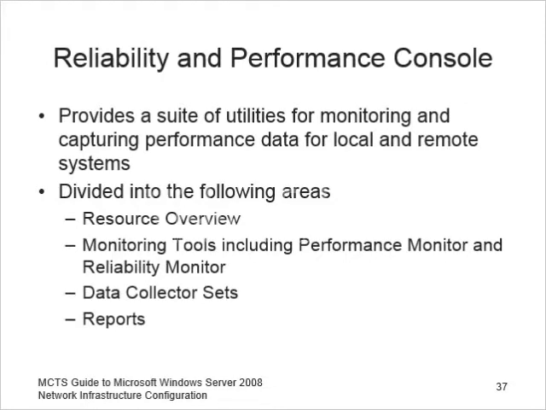And our final view is the Reliability Monitor. This view provides information about system events that can affect server stability, including software installation and uninstallation, as well as any application, operating system, or hardware failures that have occurred over a particular time period that you set.